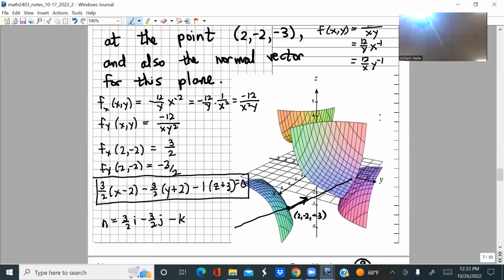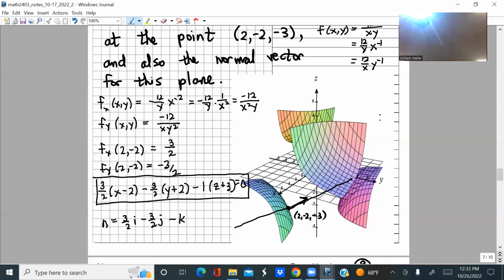This vector is the normal vector for the plane, but it's going to be the parallel vector for the line, correct? And so how do you write down equations for lines when you know a vector that's parallel to the line?